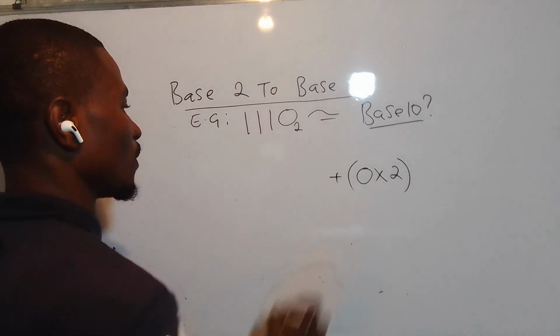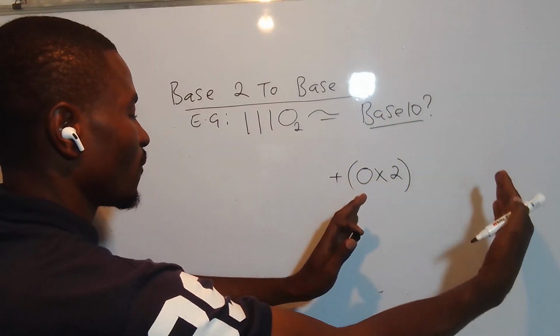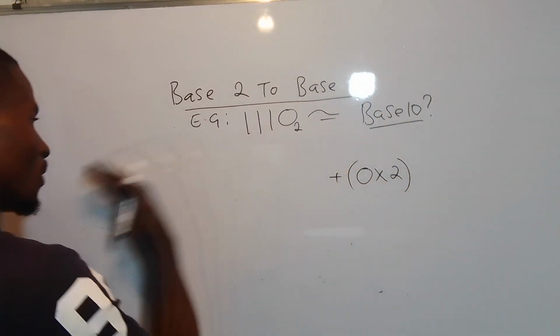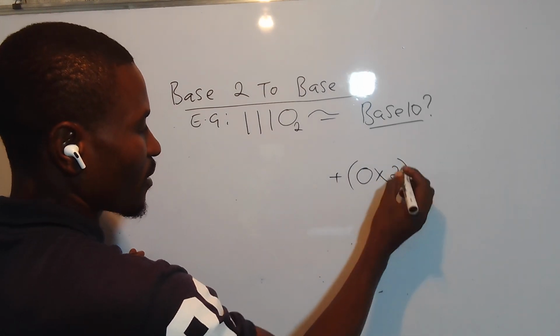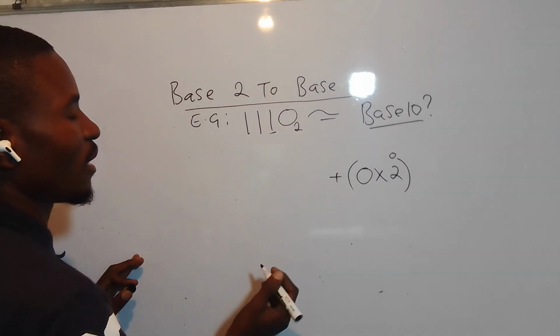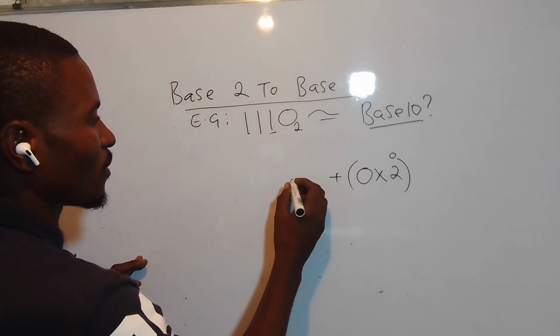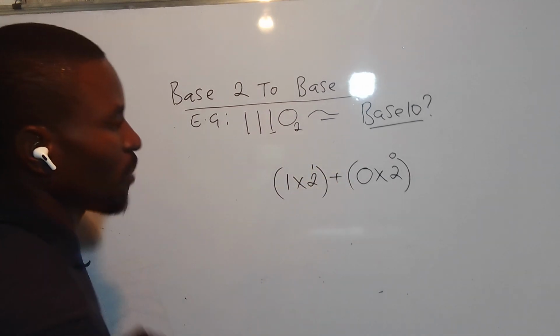Then you add. You move from right to left. The place value for the first one is 0. Then you come to the second one. So it's 1 times 2, and this is power 1.